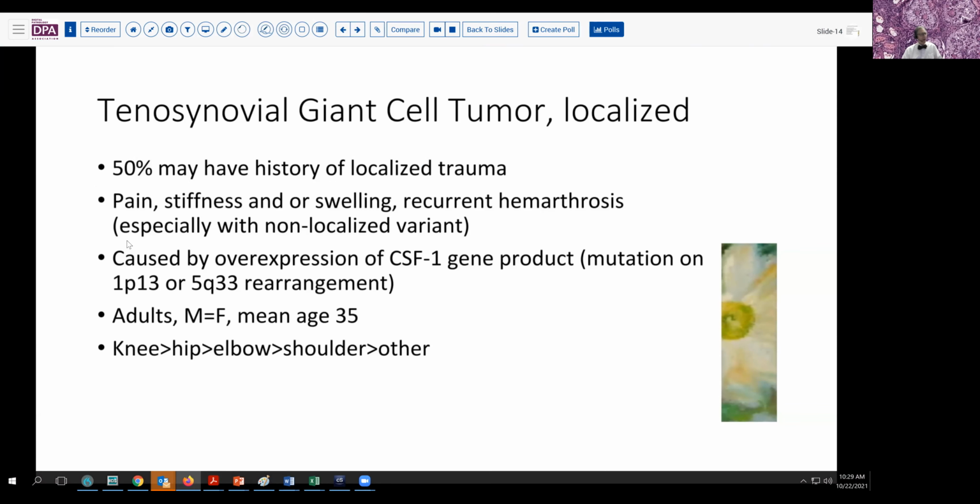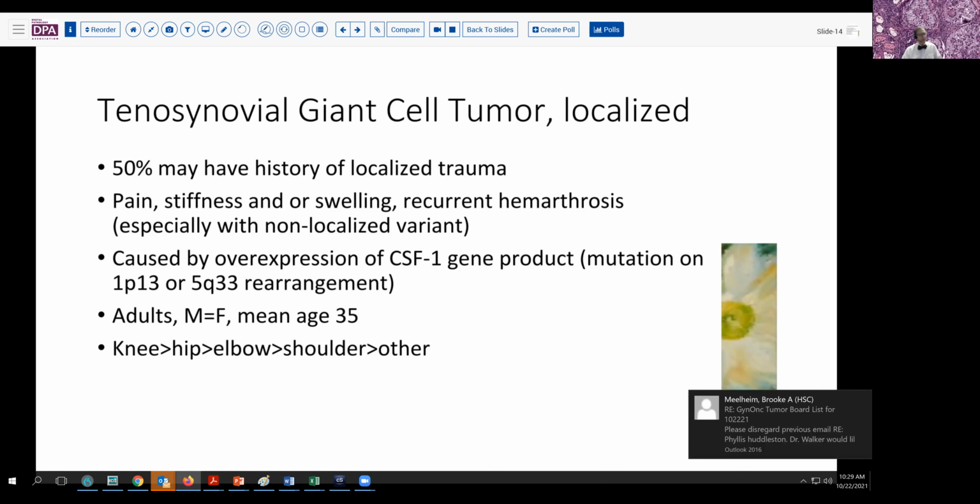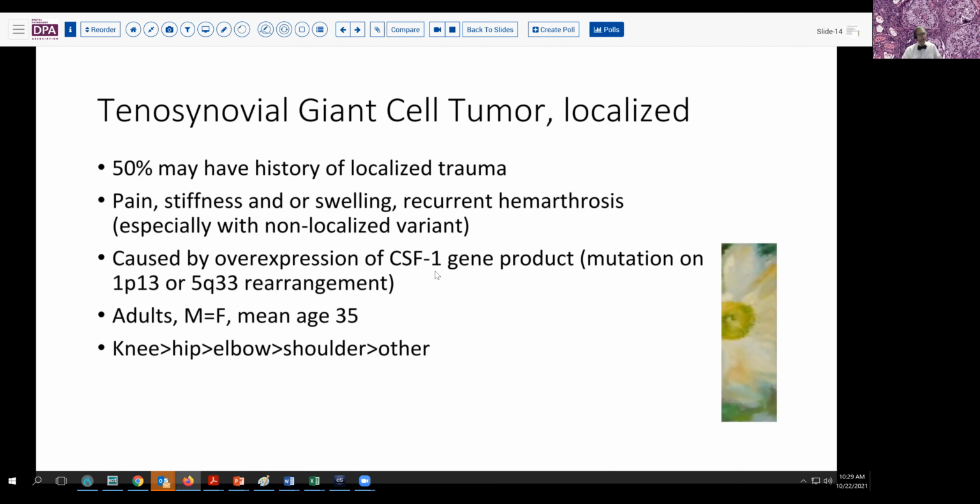It's been discovered that the pathophysiology is related to overexpression of the CSF1 gene product. This can be due either to a mutation on 1p13, which is the more common finding, or a rearrangement of 5q33. Males and females are equally affected, usually middle age, and the most common locations are the knee, large joints, hip, elbow, shoulder, before you encounter it in other locations.